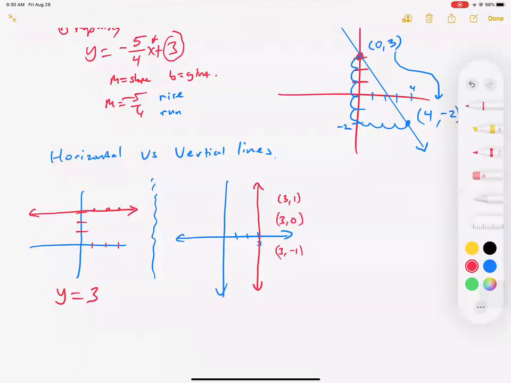Now, we have a constant here, but what is stuck? We have x is stuck at 3 now. I don't care what y is. I don't care what y is. As long as x is 3, we're good.